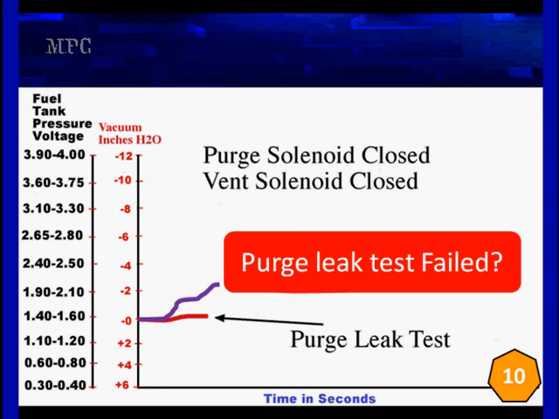If we have a failure, well, if the purge solenoid is leaking, it won't seal off manifold vacuum. Since it cannot seal manifold vacuum, the vacuum is going to start creeping up after a few seconds, and we will set a code for a purge solenoid that's leaking. This is why this is such a good test. Why it's nice to look at this and know for mode 6 that the purge solenoid is the source of our leak.